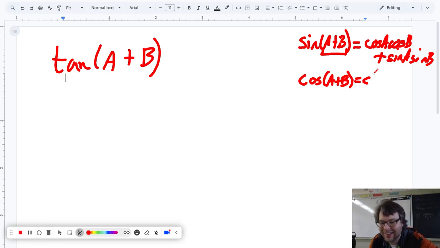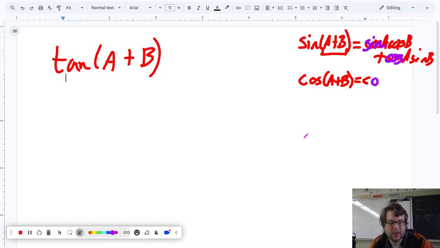I'm sorry, I wrote the sine one wrong. Please look it up. I keep making these videos without looking it up, and then I screw it up. Sine of A plus B is sine A cosine B plus cosine A sine B. Basically with sine, it's flip-flopped: you've got the sine of one angle times the cosine of the other, plus the cosine of the first angle times the sine of the other.